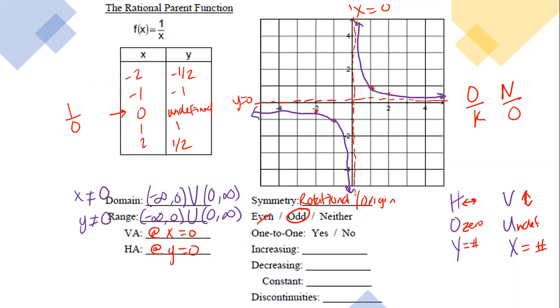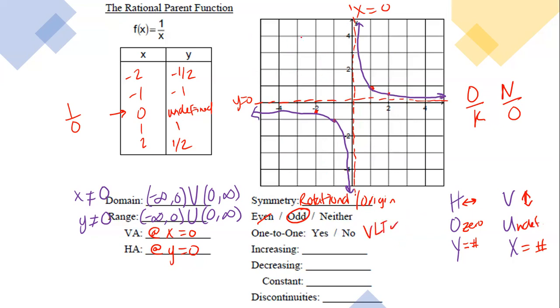Okay. All right, next is one-to-one. To determine whether something is one-to-one by looking at the graph, it has to pass the horizontal line test and the vertical line test. Okay. So if I had an imaginary line that I'm going up and down, up and down, do I hit more than 1 point at a time? No. So it passes the vertical line test.